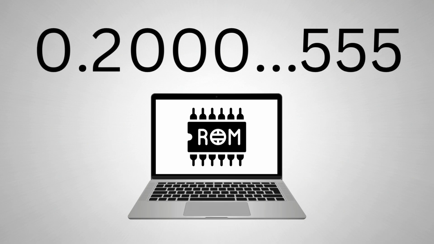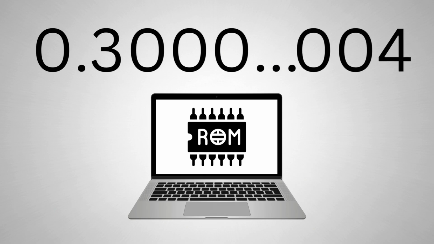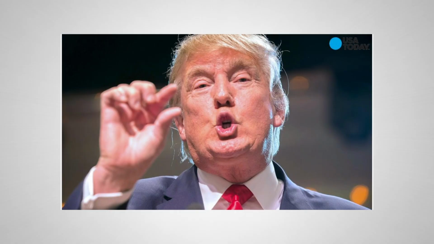Same with 0.2. It becomes 0.2 followed by 16 zeros and then 111. Add these tiny errors together, and instead of getting exactly 0.3, you get 0.3 followed by 16 zeros and then a 4. The error is incredibly small. We're talking about the 17th decimal place, but it's there.